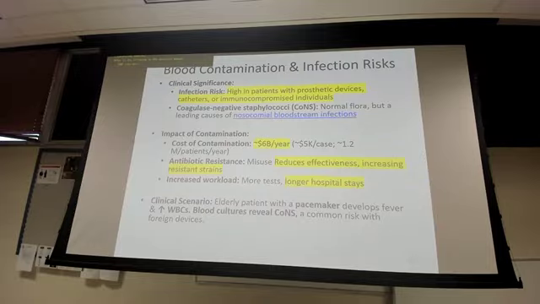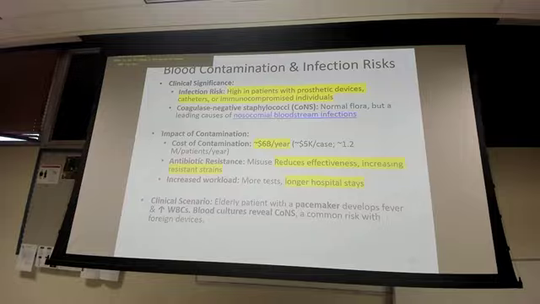All right, blood contamination and infection risks. Infection risks are high in patients with prosthetic devices, catheters, and those that are immunocompromised. Coagulase-negative staphylococcus is normal flora, but it's the leading cause of nosocomial bloodstream infections. And y'all know what nosocomial infections are: hospital-acquired, in inpatients, correct.